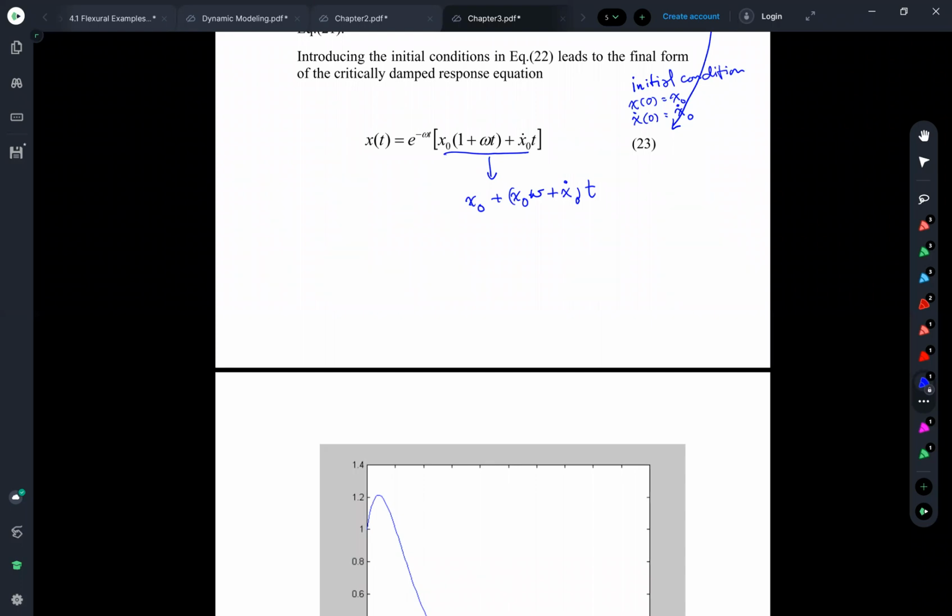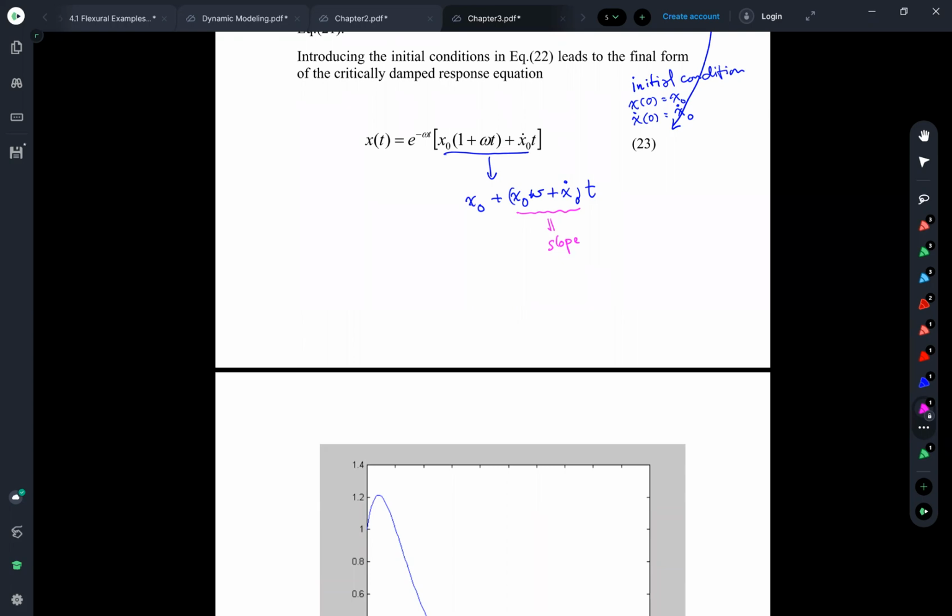So this is a linear time function. Increase or decrease depends on the slope, whether this term is positive or negative. This term is the slope of a linear function. If it is positive, the value will increase with time, but if it's negative, it will decrease or reduce with time.